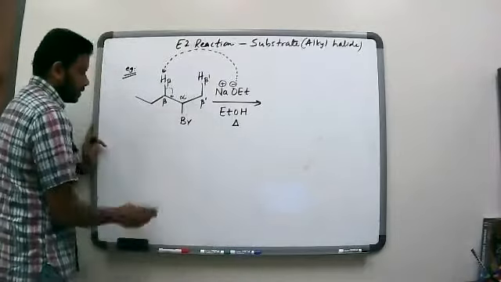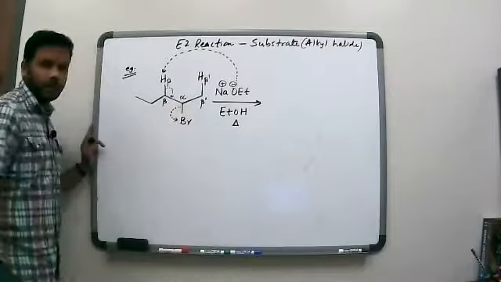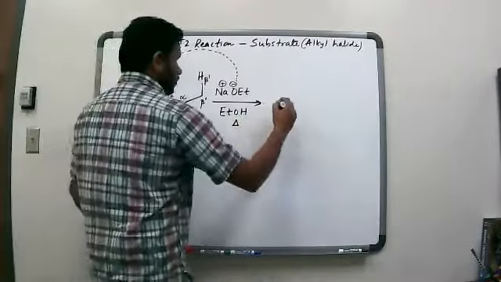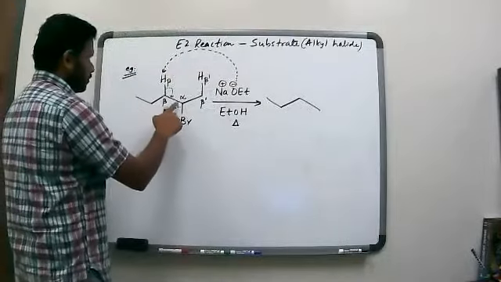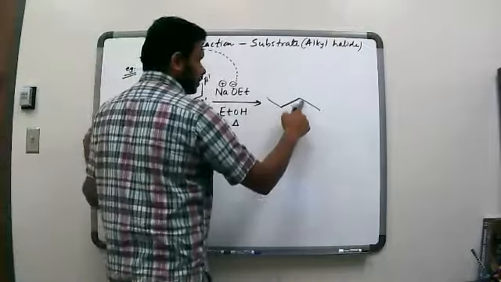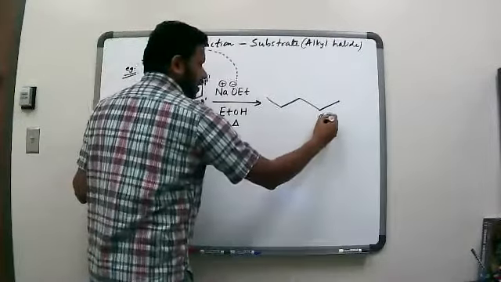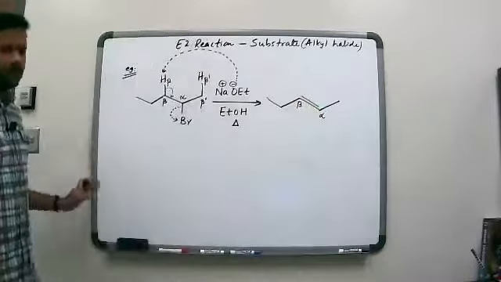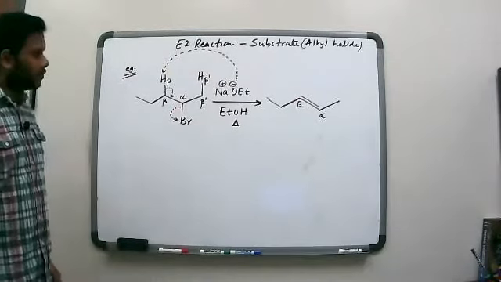To keep it consistent, let's do that. The bromine gets kicked out. This would give me a product, 1, 2, 3, 4, 5 carbons. This is alpha, this is beta. So this would give me a product where there's a double bond between the alpha and the beta carbon.